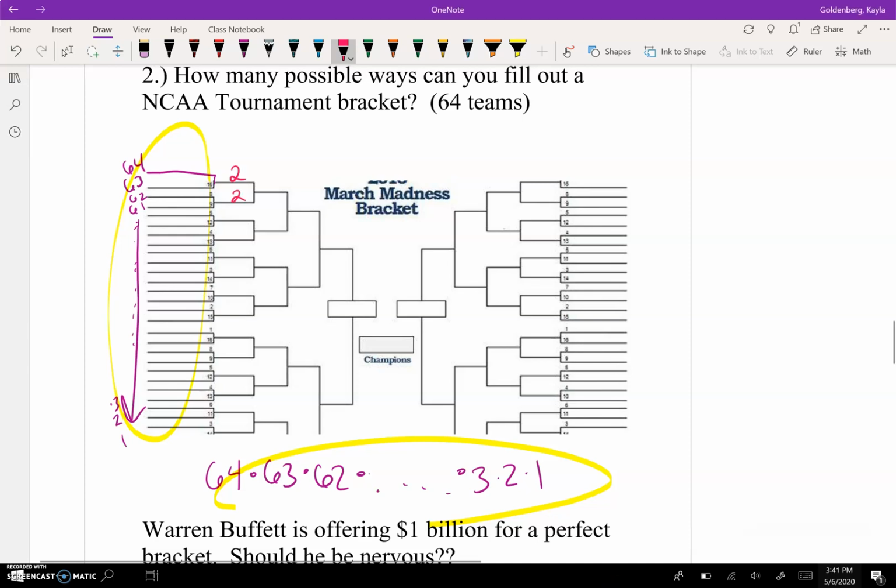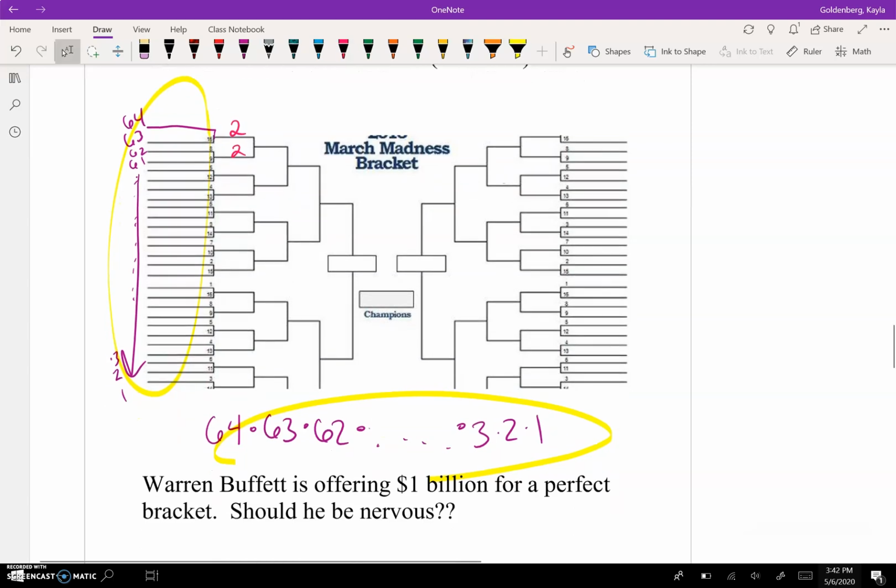And then as you continue, you're going to keep having 2 options for who wins. So it's also going to be times 2, times 2, times 2, right? There's going to be a lot of multiplying by 2. Just to think about how many options there are for your first bracket filling, I want to do 64 times 63 times 62 and so on. And there's actually a faster way to do that with our calculator.